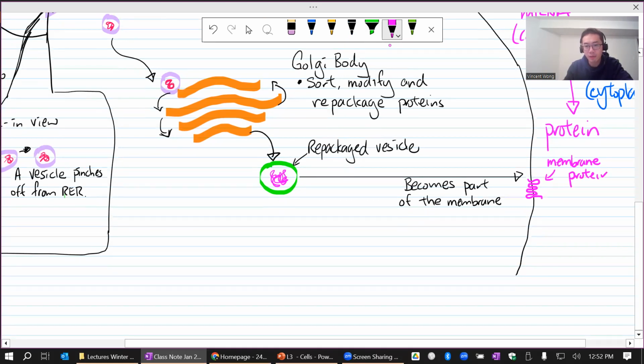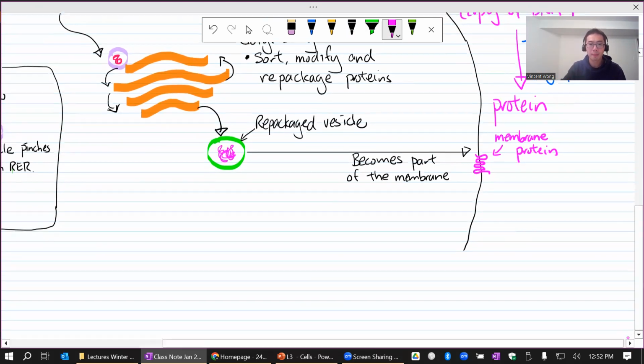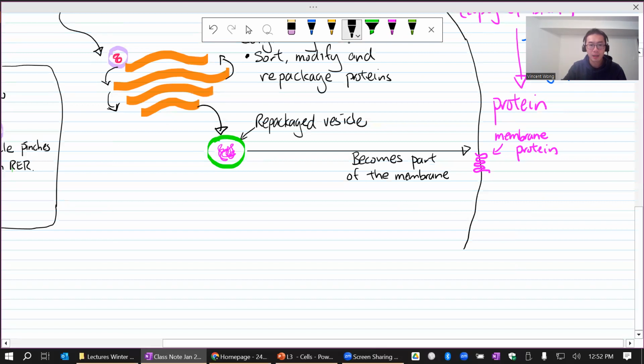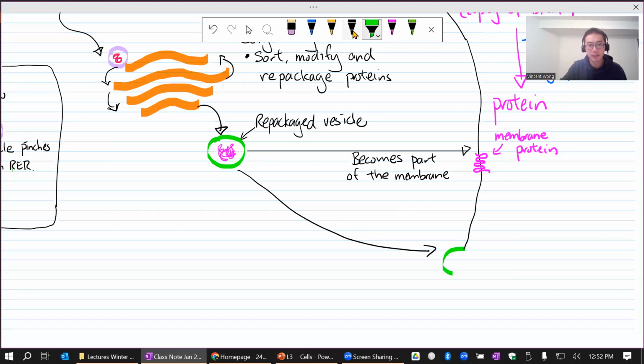They are important for many reasons. For example, some membrane proteins give you your blood type. Or we can send the material out of the cell.